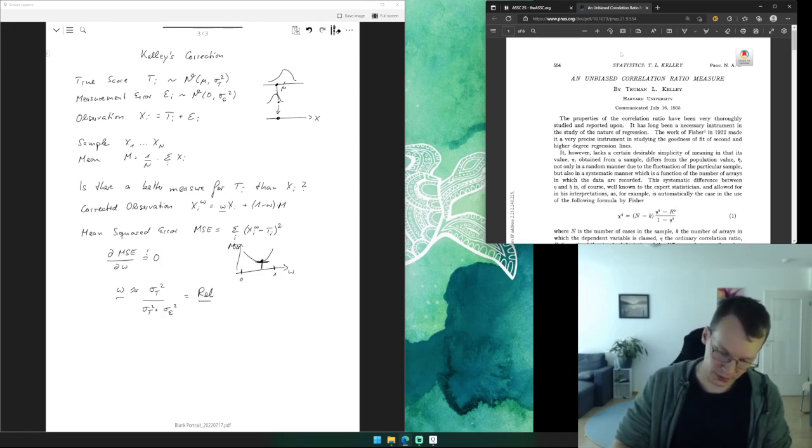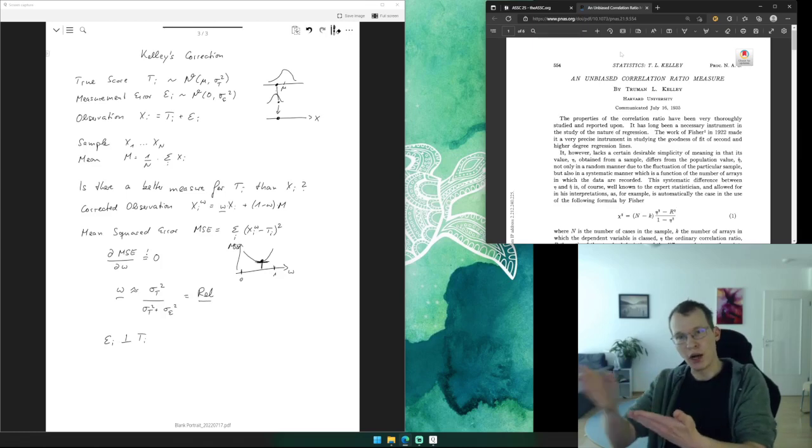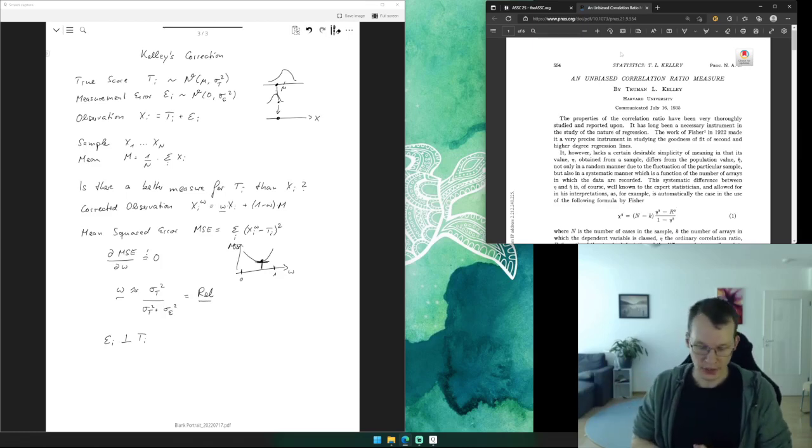Usually we assume that the errors you have are independent of the true scores, meaning that if a participant has a relatively high true IQ, the IQ test over or underestimates independently of how large this true IQ score is.